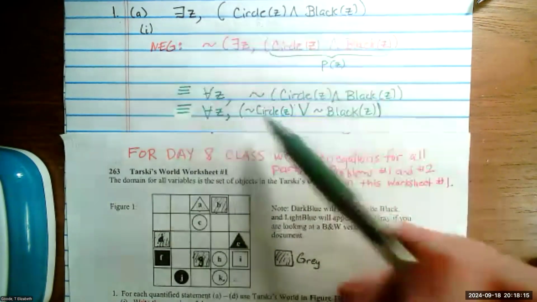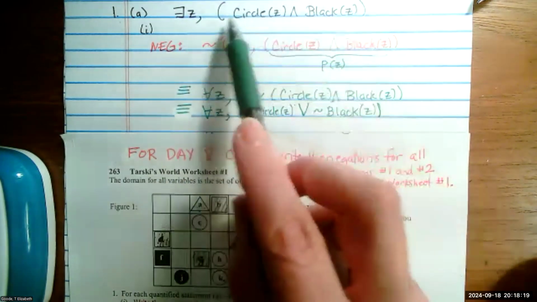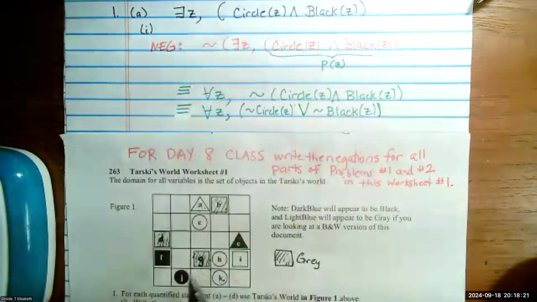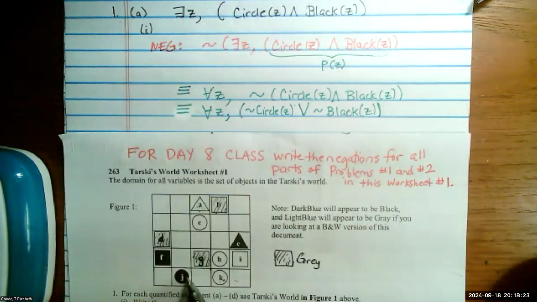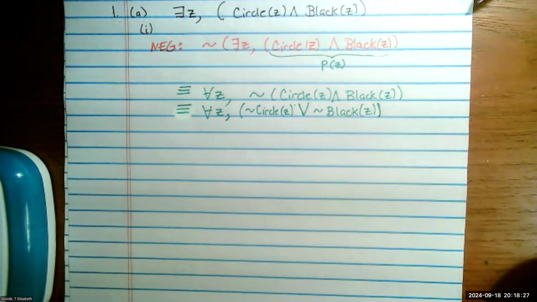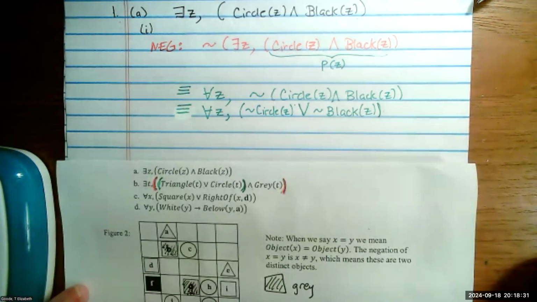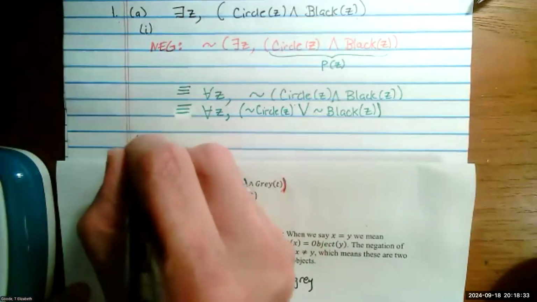So that's sort of a sneak preview to part 2. This original is true because there does exist an object Z, namely Z equals J. But we don't need to do that. We're going to talk about that tomorrow in class, so we can go to number 2.